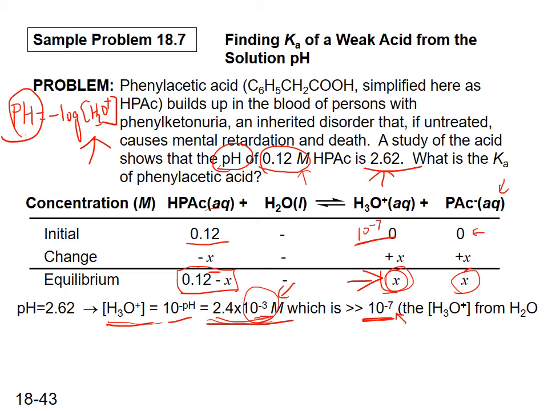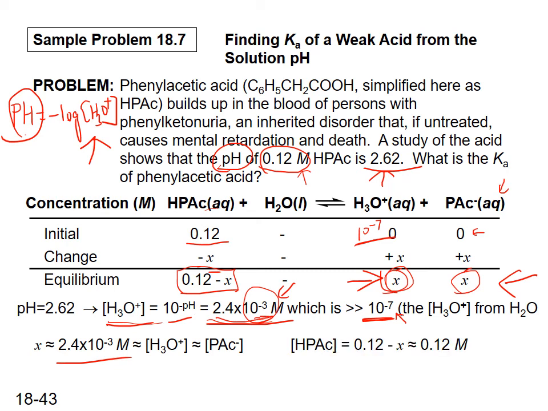It's negligible. So X equals the hydronium ion concentration. Now we have X. So what's the next step? We put it back into this table to find all the equilibrium concentrations. So we find the acid at equilibrium, and we find the anion, which is just X.